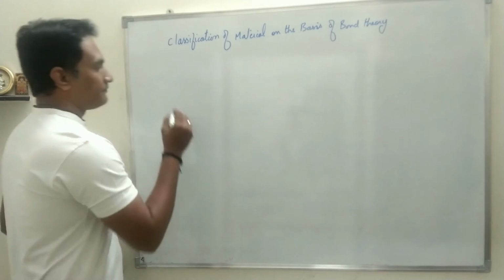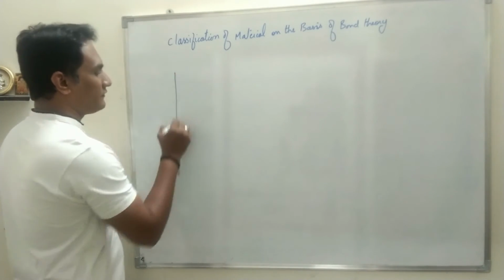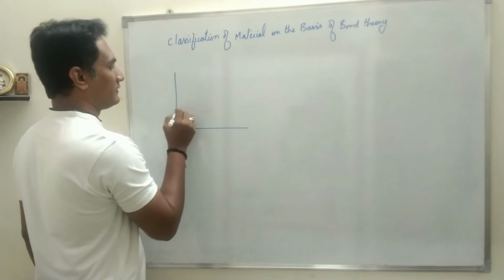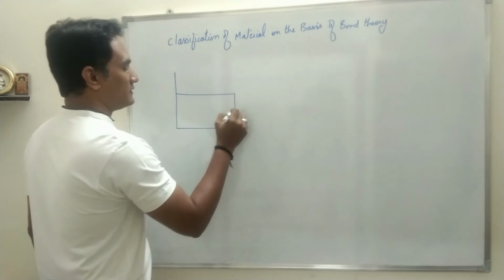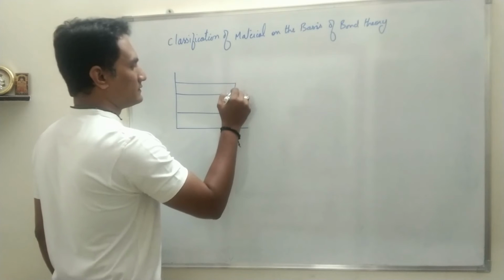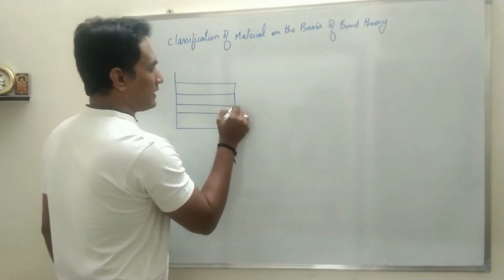Okay, so in the first diagram, I am drawing this is valence band and this is conduction band.